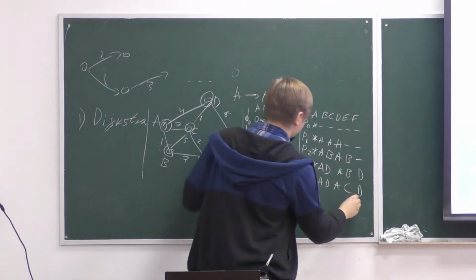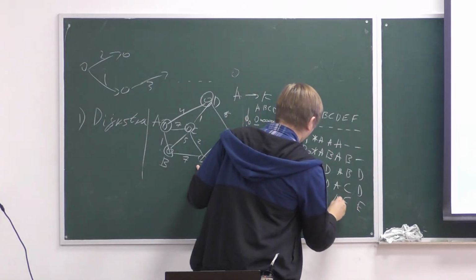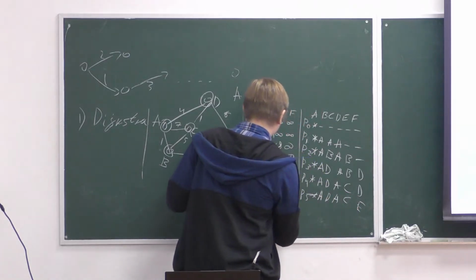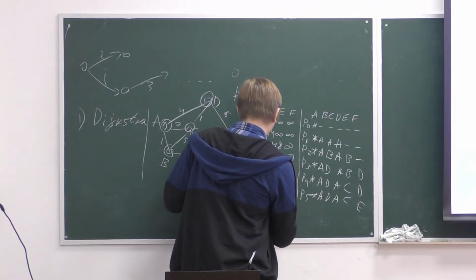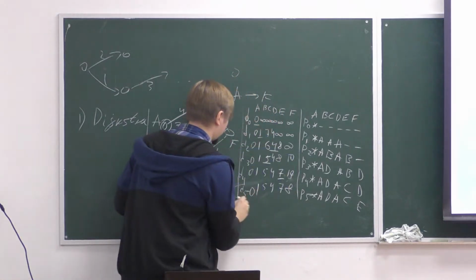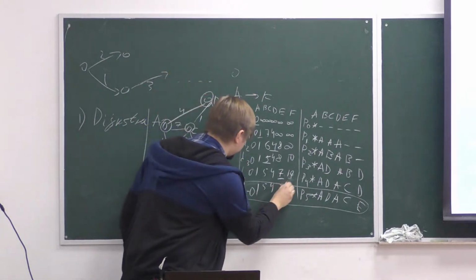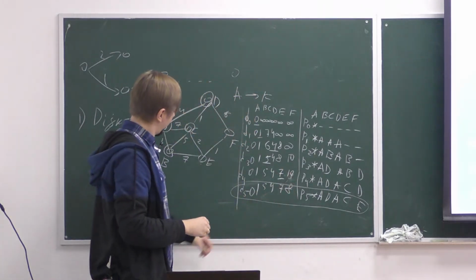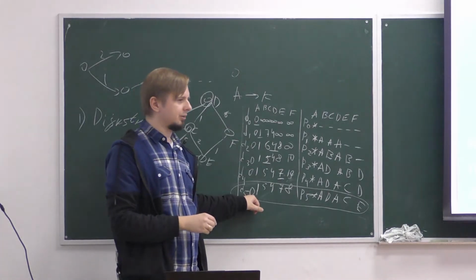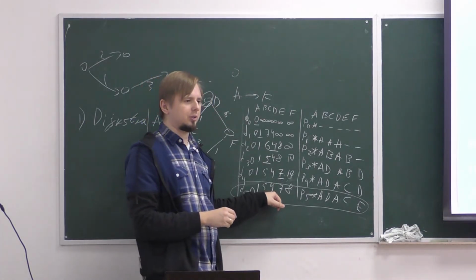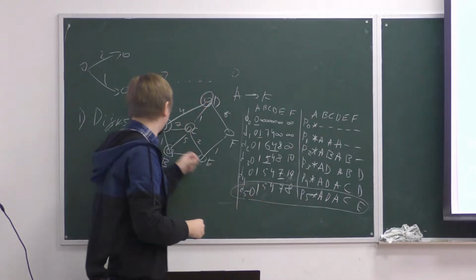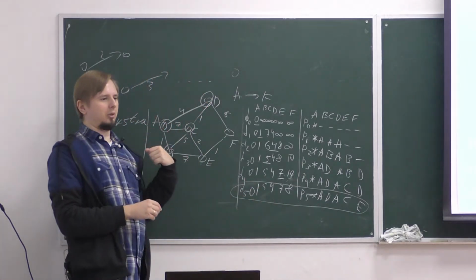We put here E, and that's all. So this is the result. What we see here is the shortest path length from A to any other vertex.